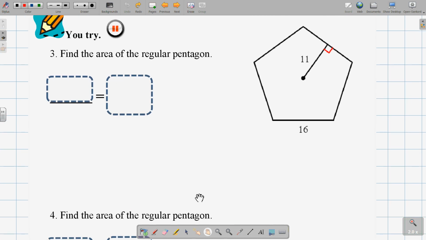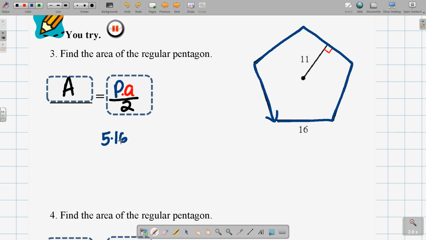All righty, welcome back. You have here area equals perimeter times apothem over 2. So we go here. Always physically trace your perimeter. And your perimeter is 5 times 16.